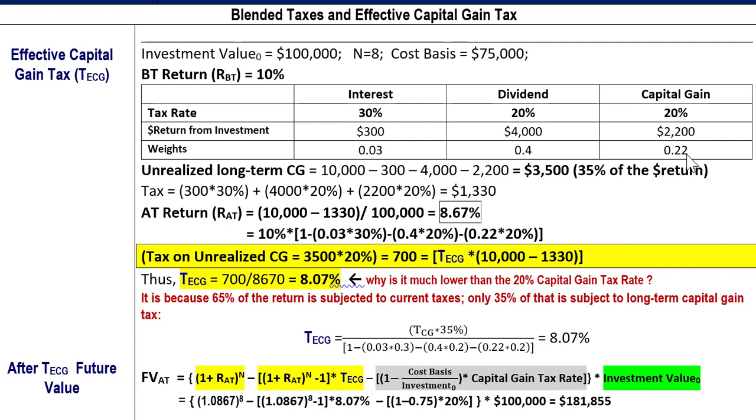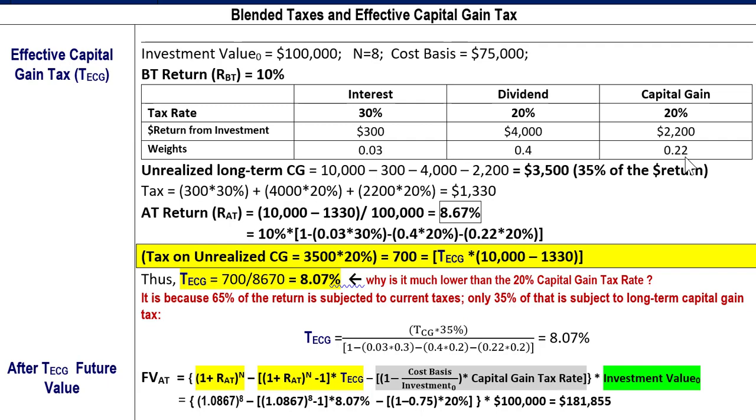Now here is 22%. 22% is capital gain, meaning that you're selling some stocks, and you get some gain, about $2,200, which is 22%. If we add this together, 3 plus 40 is 43%, plus 22, that is 65%.